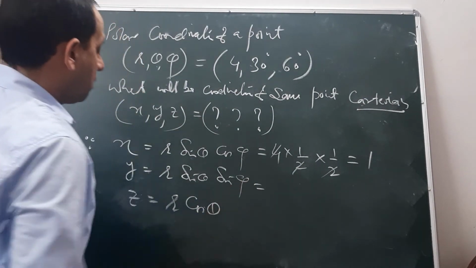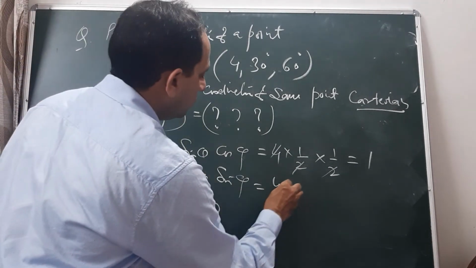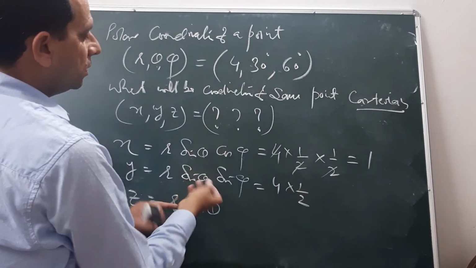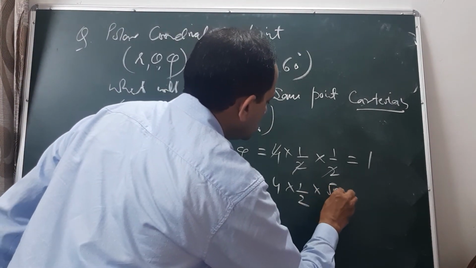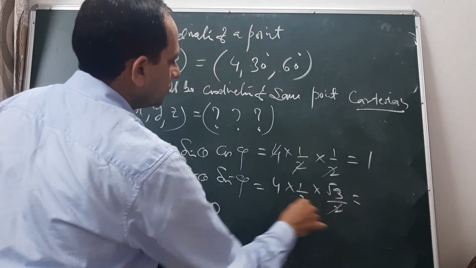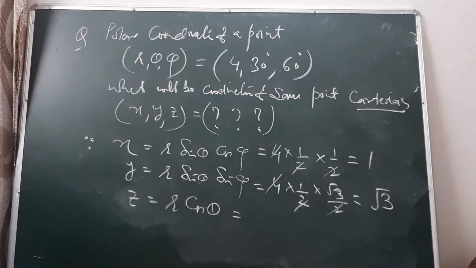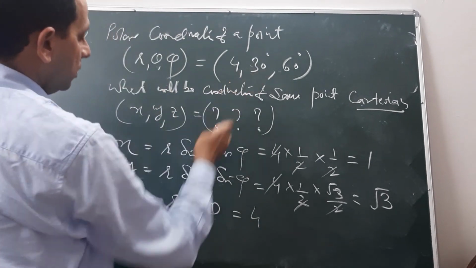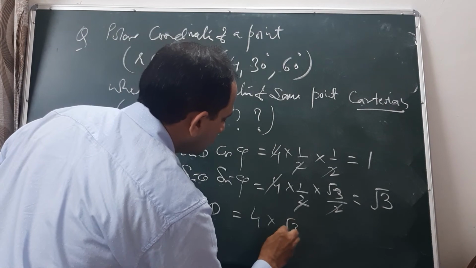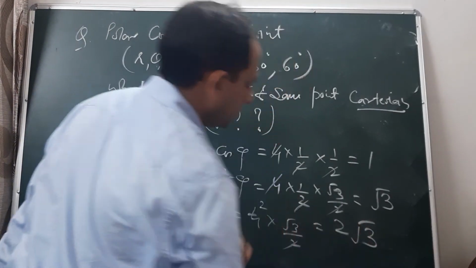Similarly for y, r is 4, sin 30 is 1 by 2, and sin 60 is root 3 by 2, so it is root 3. For z, r is 4 into cos theta, cos 30 is root 3 by 2, so 4 times root 3 by 2 is 2 root 3.